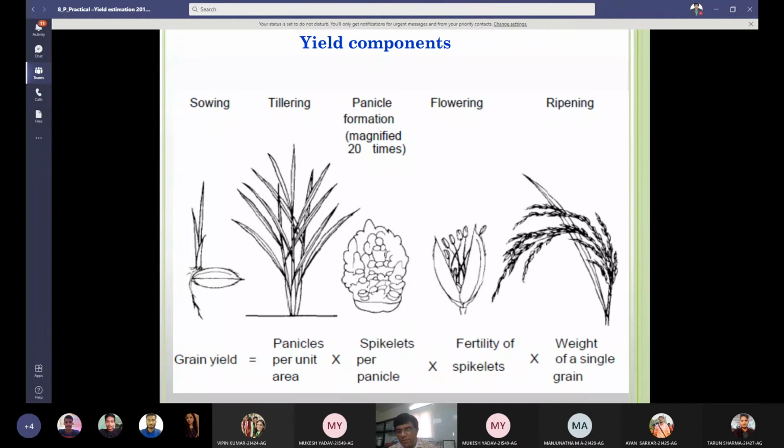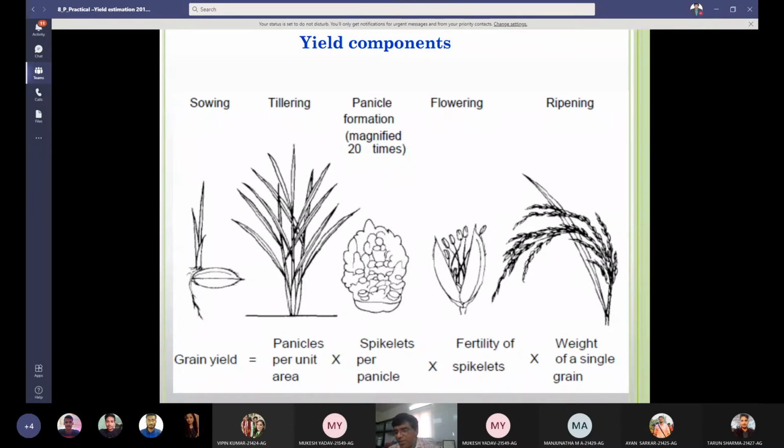If you remember, it is mainly controlled by the temperature at that time, particularly during pollination, which takes just 45 minutes. During that period, if adverse temperature is there, many spikelets will remain empty. So fertility of spikelet is important.